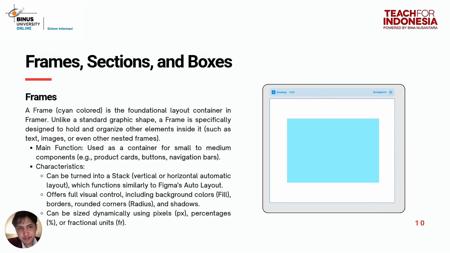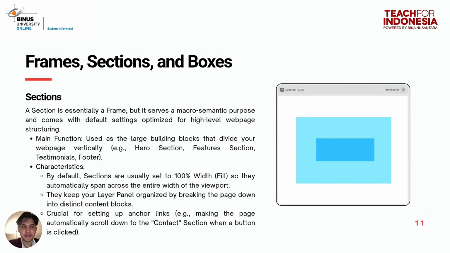A frame is the foundational layout container in Framer. Unlike a standard graphic shape, a frame is specifically designed to hold and organize other elements inside it. Main functions: used as a container for small to medium components. A section is essentially a frame, but it serves a macro-semantic purpose and comes with default settings.